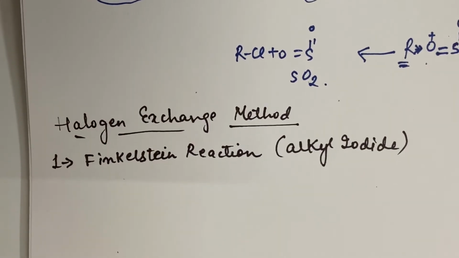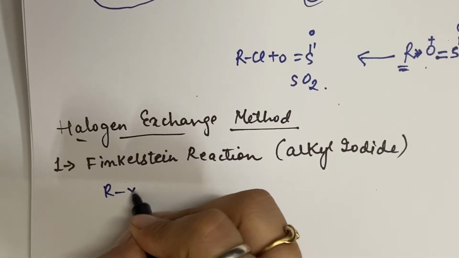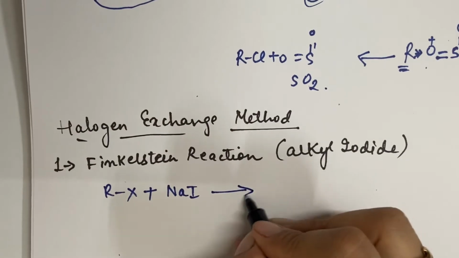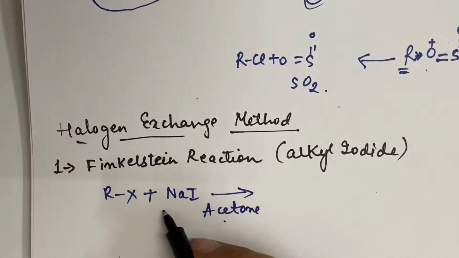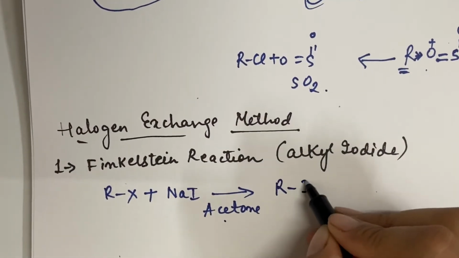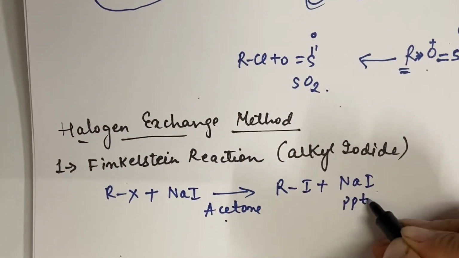So if you want to make alkyl iodide, you can use this Finkelstein reaction. And what is this reaction? This reaction is RX. It will react with NaI, in the presence of acetone, which will dissolve NaI in it, then it will make RI, and NaX will form as a precipitate.